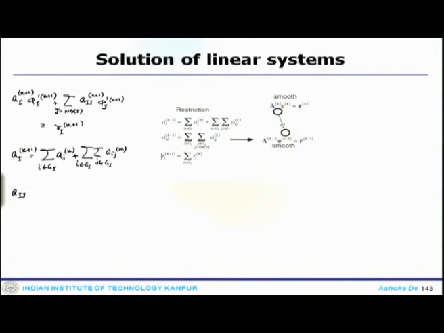A capital I j k plus 1 is i belongs to G_i, small j does not belong to G_i, A_ij^k, and j belongs to nb i. And R_i^(k+1) is nothing but i belongs to G_i, R_i^k.